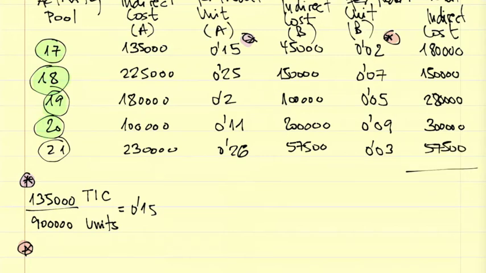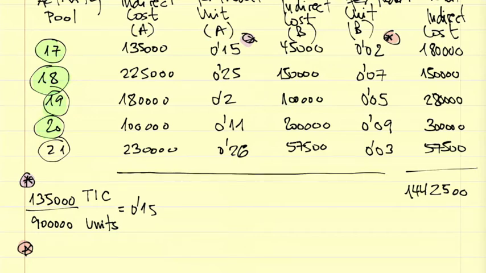So underneath we have 1,442,500. Okay. If we add it all up, we get what we already knew. 0.97 and then 552,500.